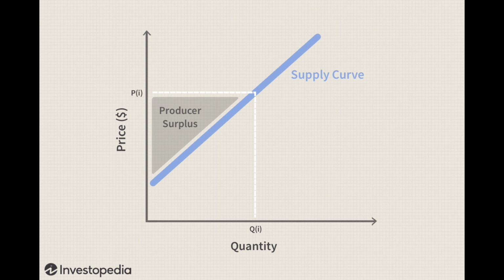On the other hand, a smaller producer surplus may indicate that producers are facing competition or other challenges that are limiting their ability to earn a good return on their investments. In summary, producer surplus is the difference between the minimum price a producer is willing to accept for a good or service and the actual market price received. It is a measure of the economic welfare or benefit the producer receives for producing and selling a good or service.